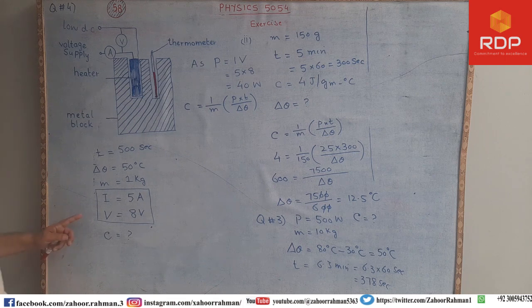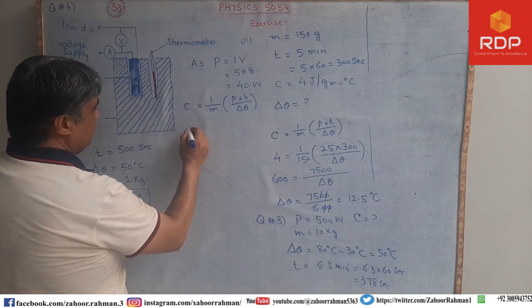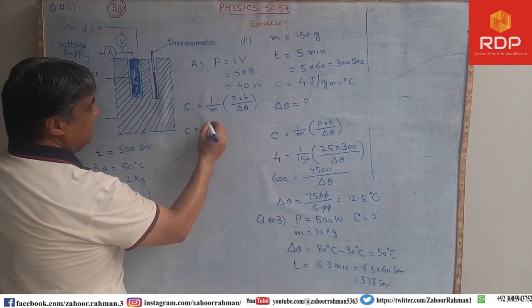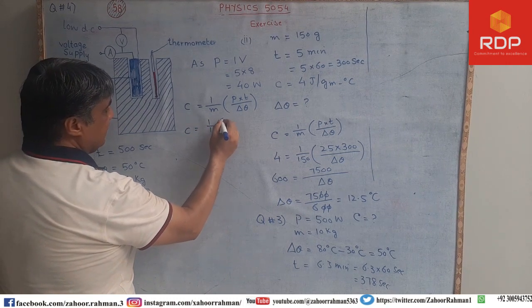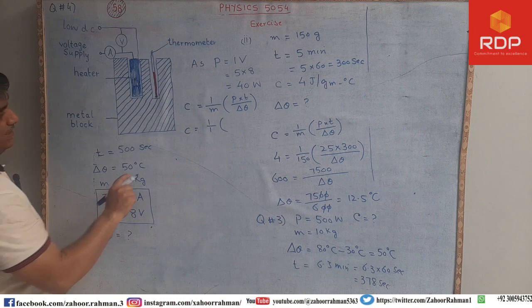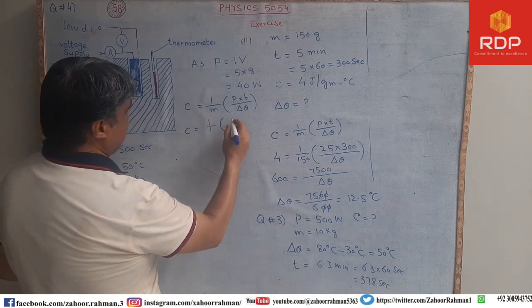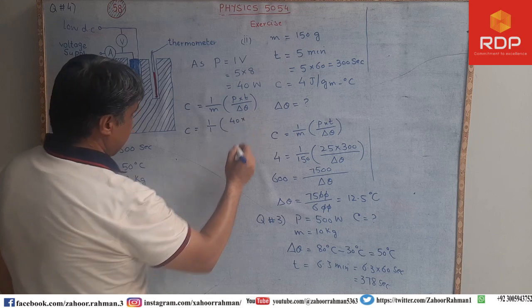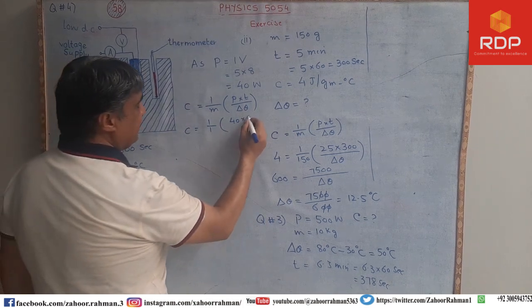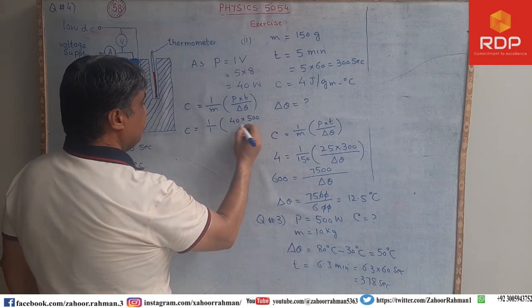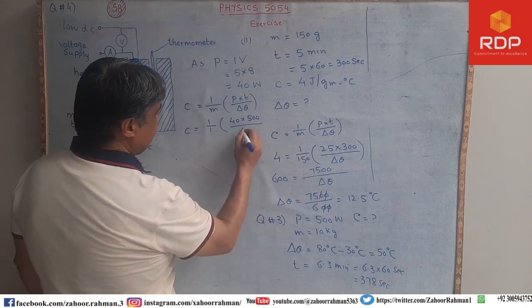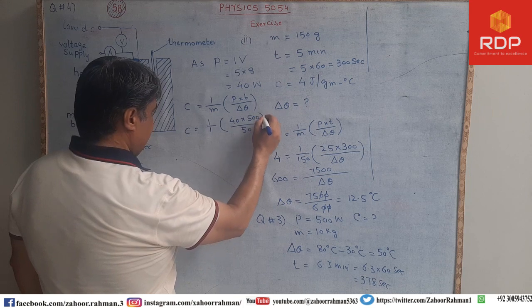All the data is given, so we are directly putting it: 1 divided by 1, because 1 kilogram is the mass. P is equal to 40. T is given as 500 and delta theta is given as 50.